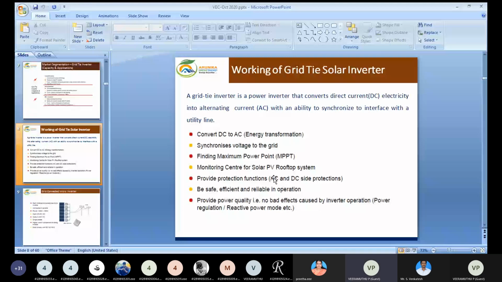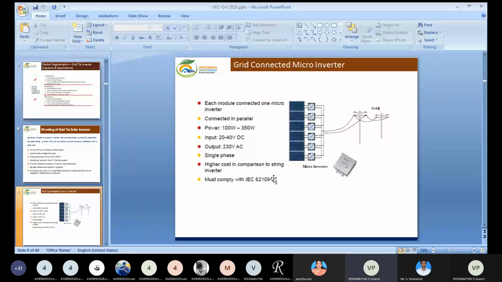So this is a micro inverter system. Each panel has one inverter. The cost is high when compared to a string inverter. Each module is connected with one micro inverter, and all the inverters are connected with parallel output.